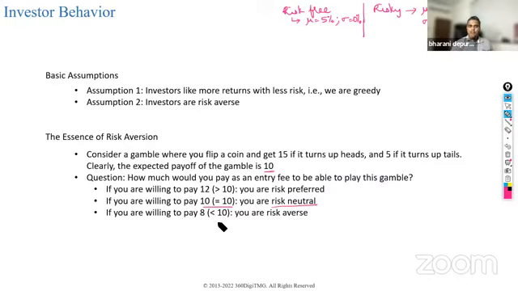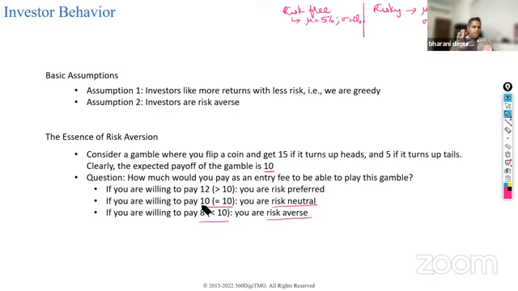If you say that I'm going to pay only $8, then you are risk averse. Okay, you are risk averse if you pay $8.